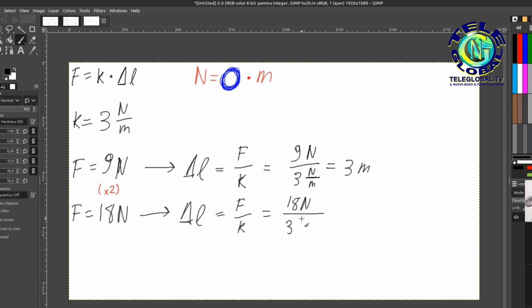Remember that K never changes unless you are working with a different spring. So this time 18 divided by 3 will be 6 meters. And notice, Sima, that it is double the stretching from before.